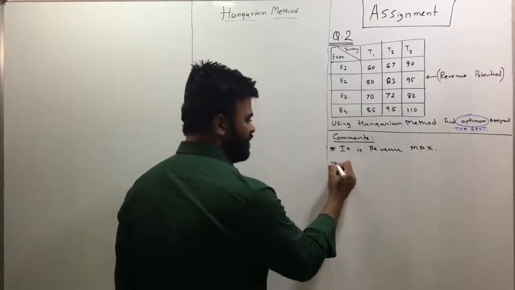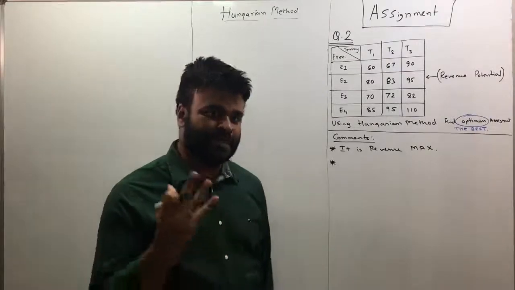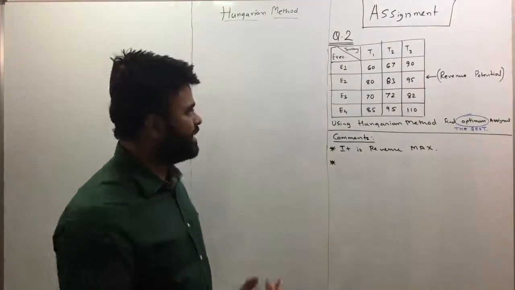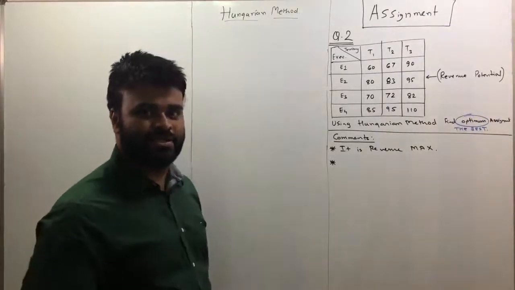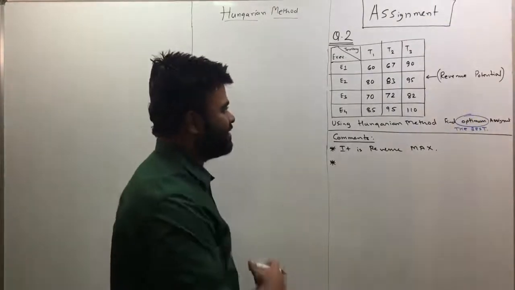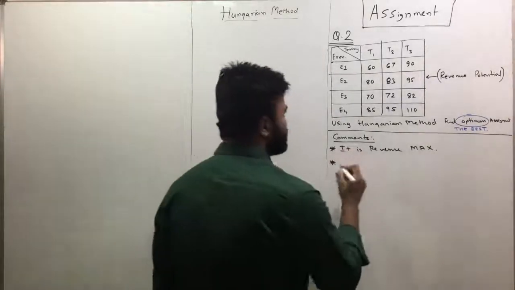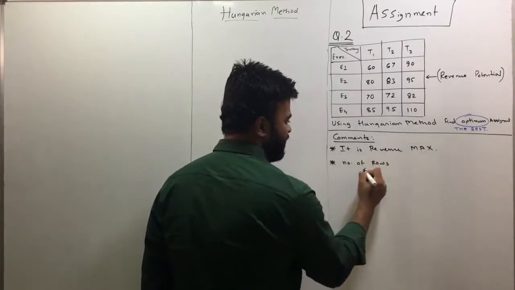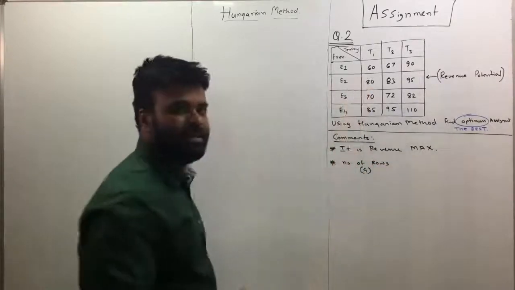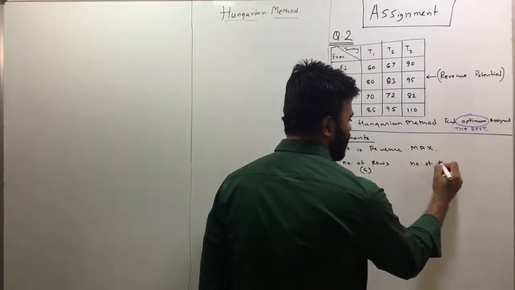Now, let's write down the second point. You clearly see there are 4 executives and 3 territories, and there is only going to be one executive in one territory. In that case, one of the executives has to be fired. Anyway, we'll see how that goes. Now check the number of rows and columns. There are 4 rows, E1, E2, E3, E4, and only 3 columns.